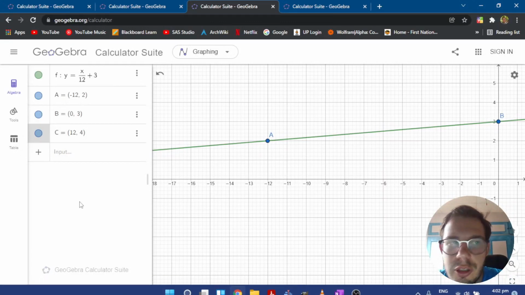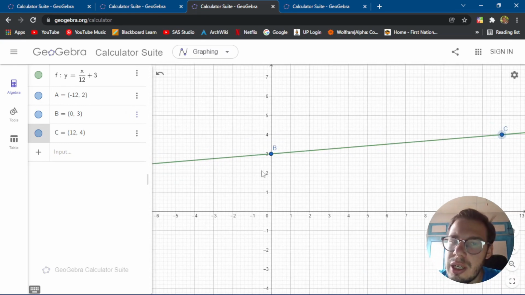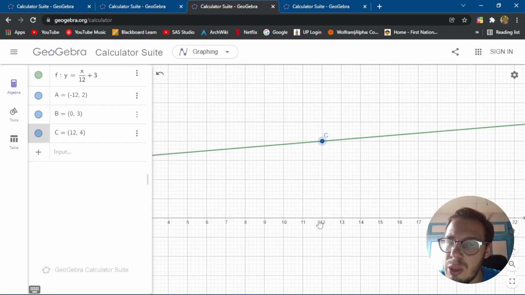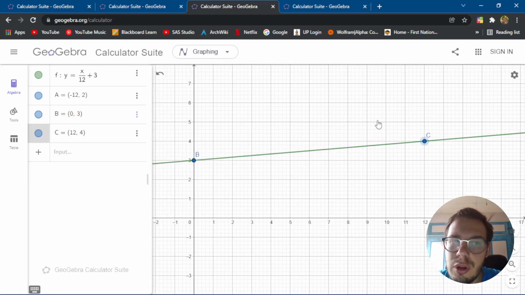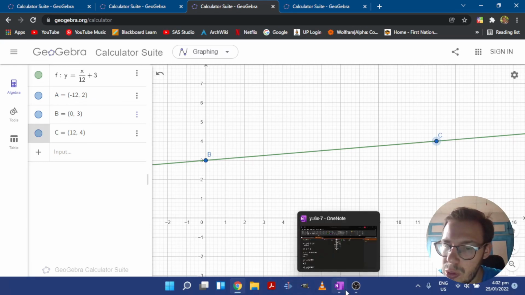So here you can see is y equal to x divided by 12 plus 3. Here's our first point, minus 12, 2. And you can see here is our second point, 0, 3. And here you can see is our final point, 12, 4. And there's our third graph drawn.